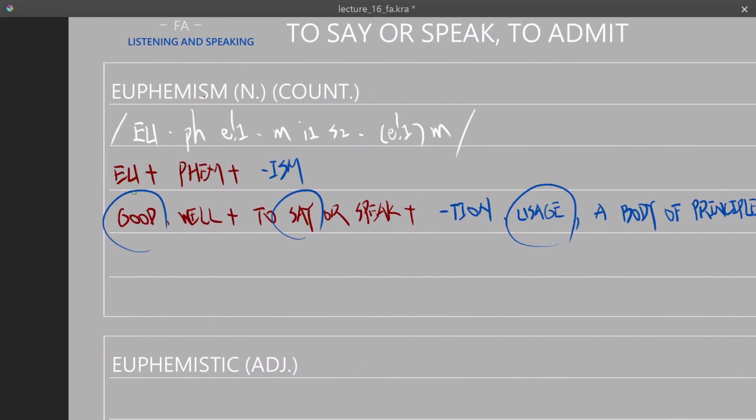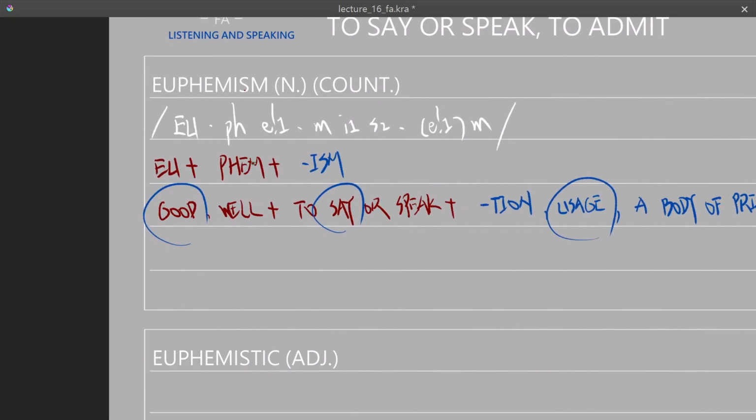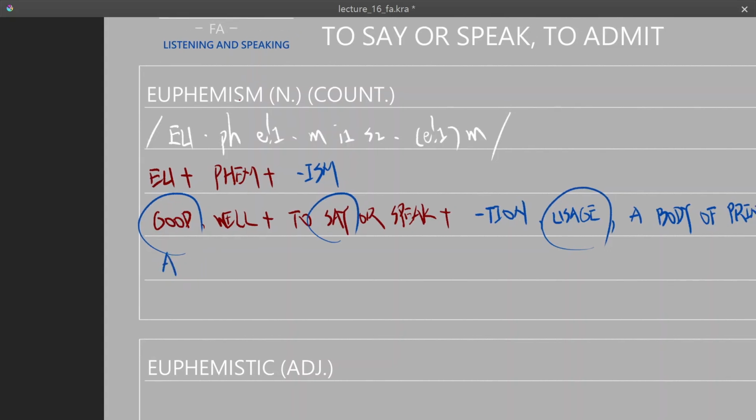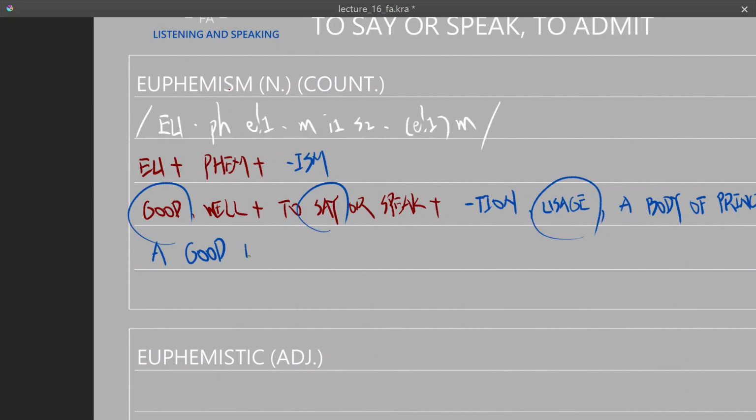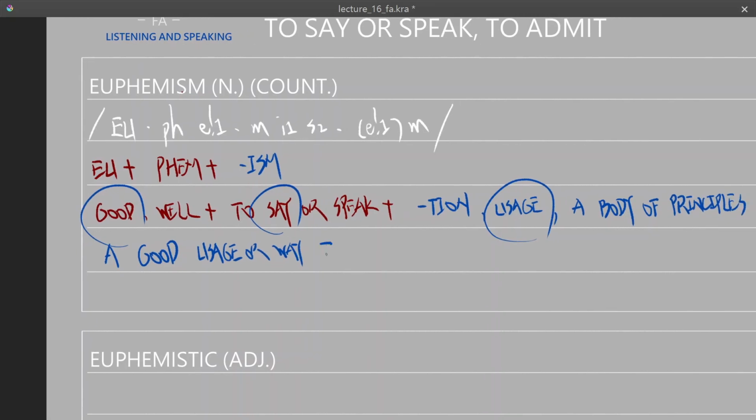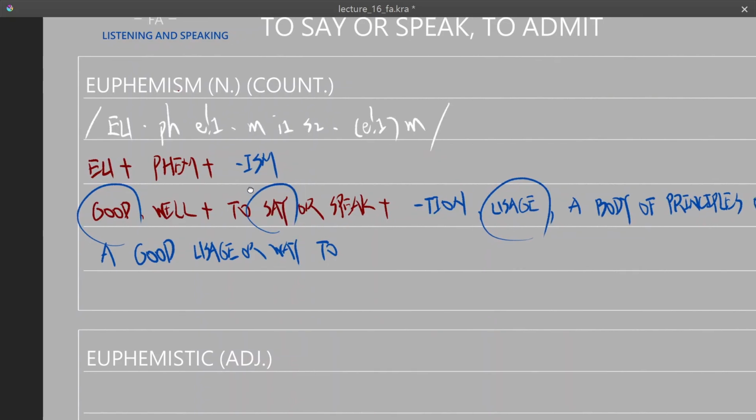So it is a good way or good usage of speaking something. A good usage or way to say something.